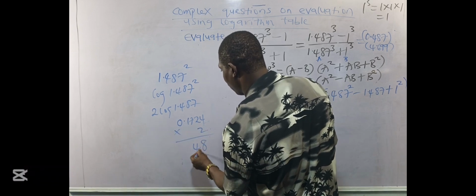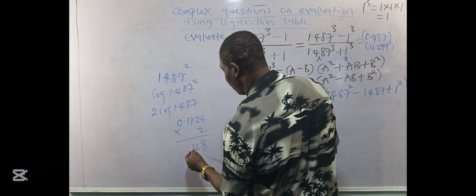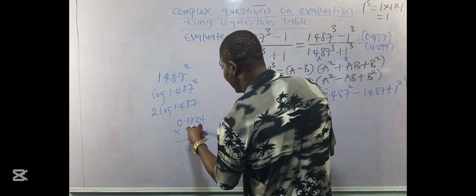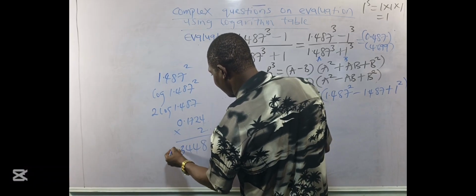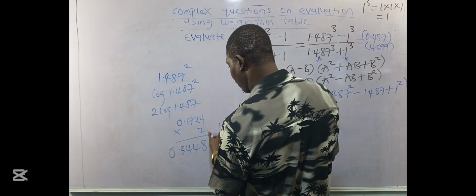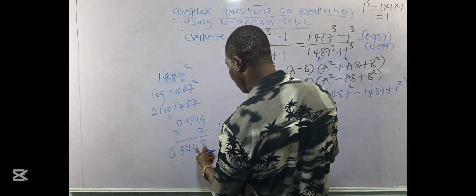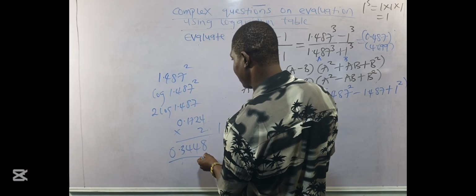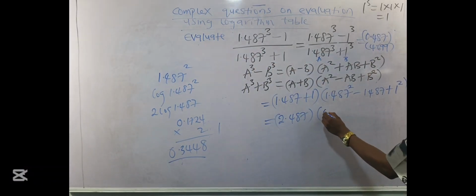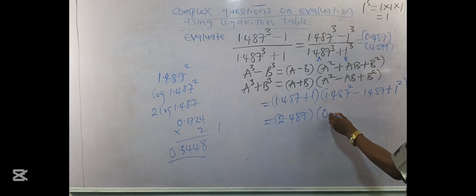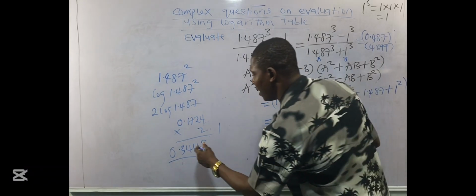This will give me 8, 4. 2 times 7, 14. 14, 4 carry 1. 2 times 1, 2. Plus 1, 3. So I have my 3, I have my what? 0. 4, 8. 2 times 4 carry 1, yeah. So I have this. So I have 0 points.